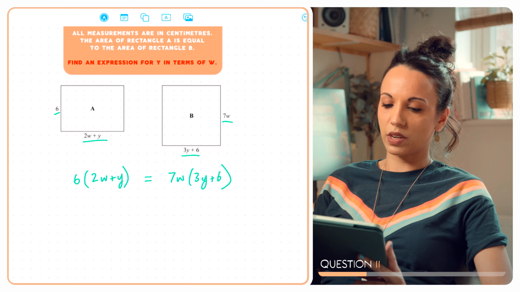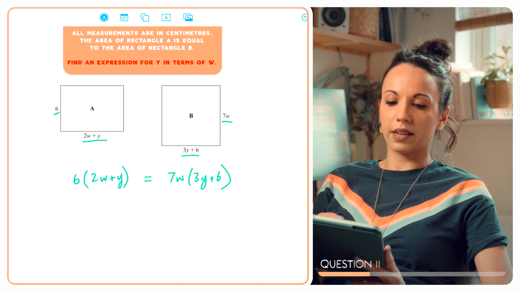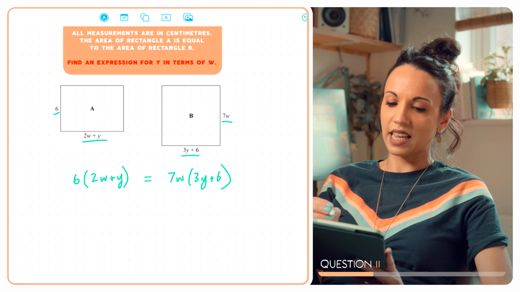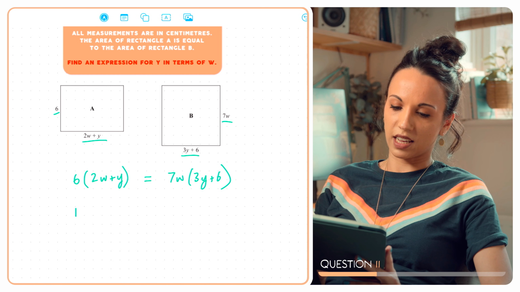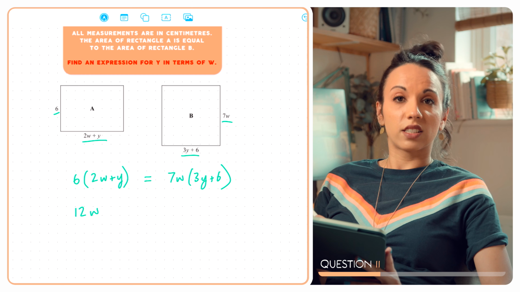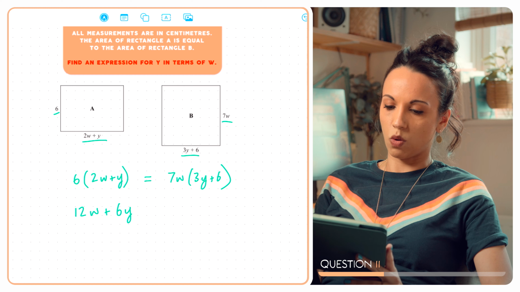So the first thing we're going to do is expand out these brackets. We're going to do that by multiplying the term on the outside of the brackets by each of the terms inside the brackets. So to begin with, we've got 6 times 2W, that's going to give us 12W. Then we've got 6 times Y, which is just going to be plus 6Y.